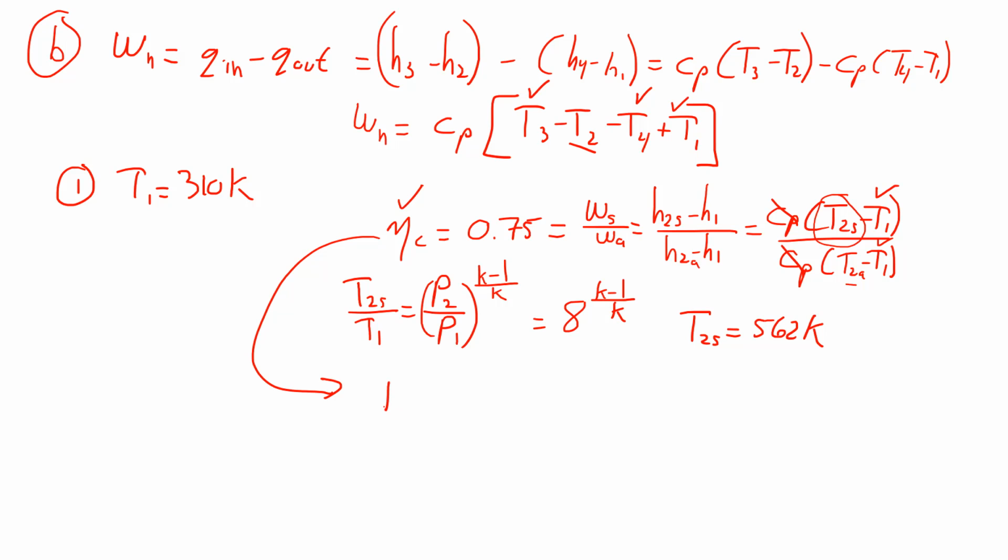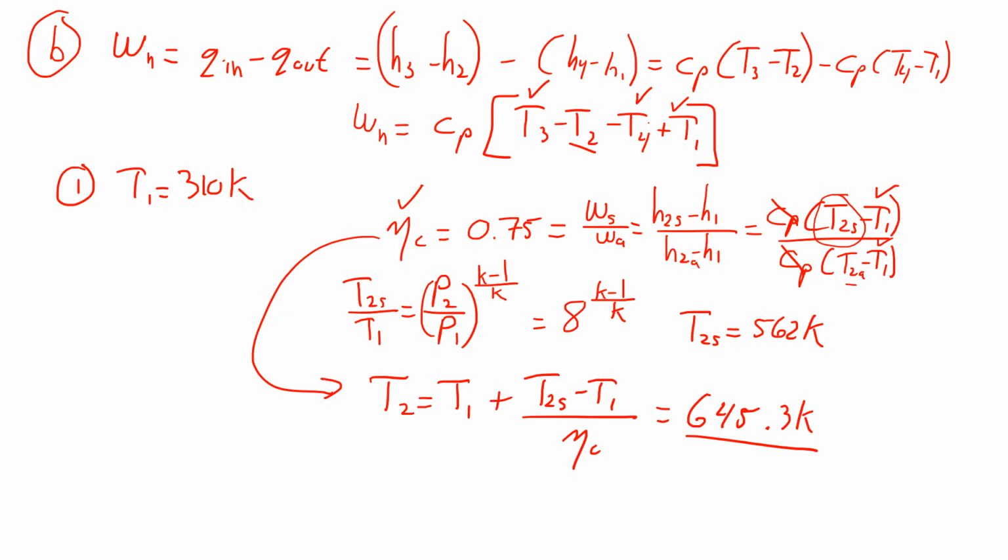Now I take the compressor efficiency equation. I solve for T2, so that equals T1 plus T2 isentropic minus T1 divided by the efficiency. I plug in my numbers, I get 645.3 Kelvin. So now I have T2. So again, these will be the actual temperatures, right? T2 actual, T4 actual.